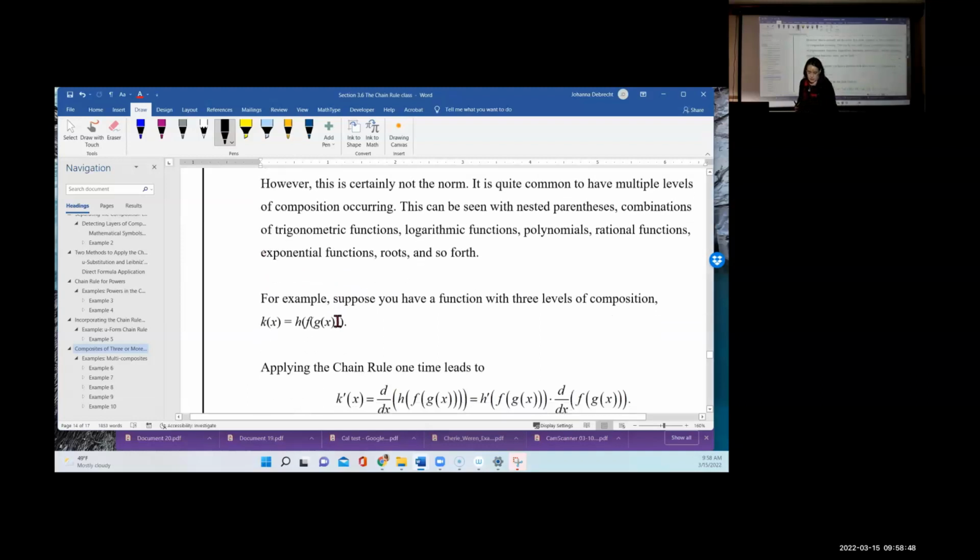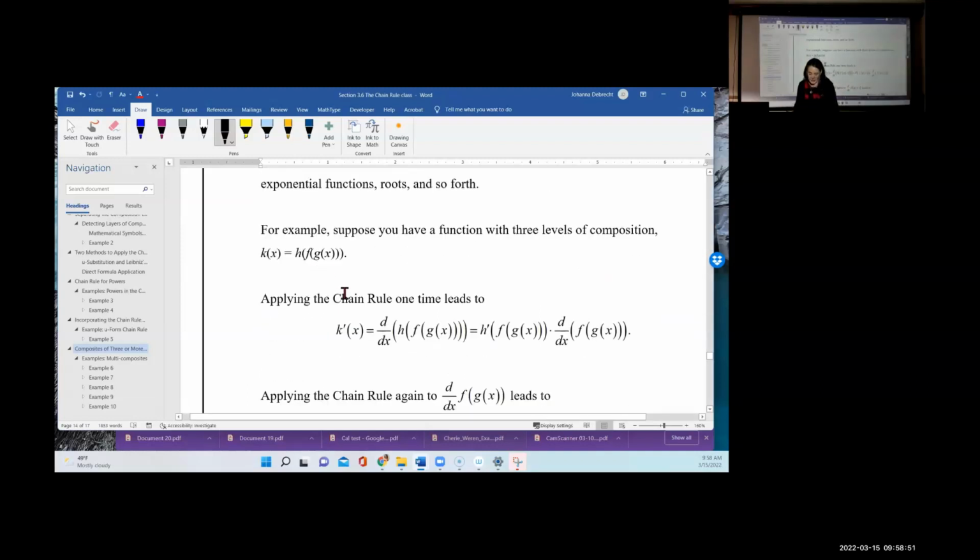So we want to take a look, for example, at this one right here, where we have k of x equal to h of f of g of x. And you'll notice that I've made my parentheses different sizes to emphasize which one is inside which one.